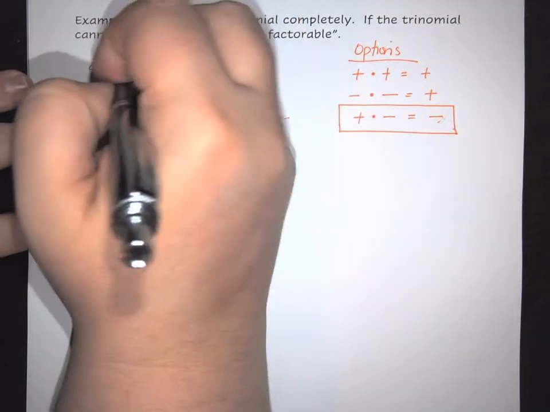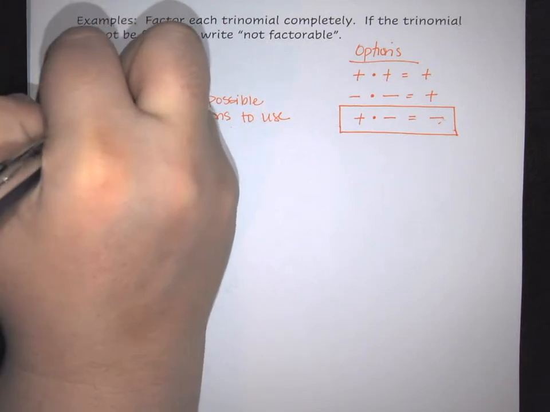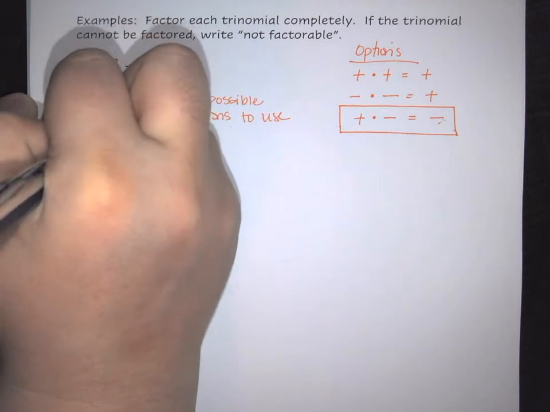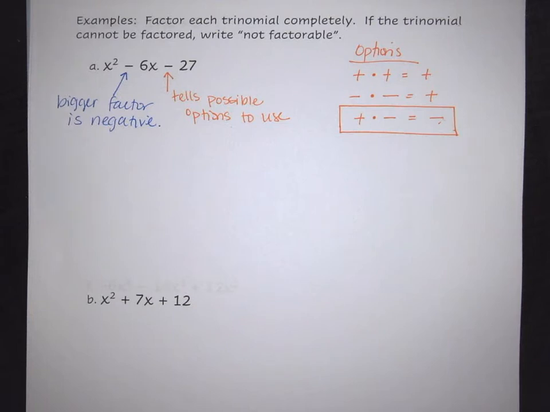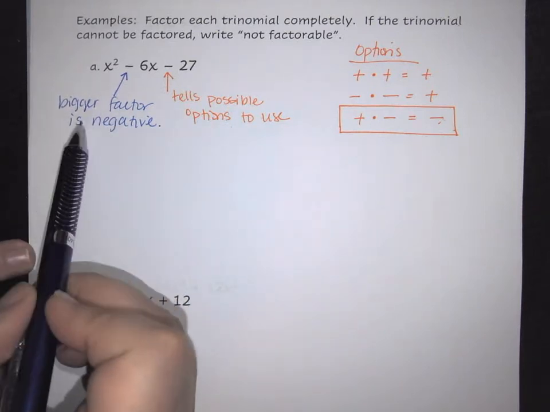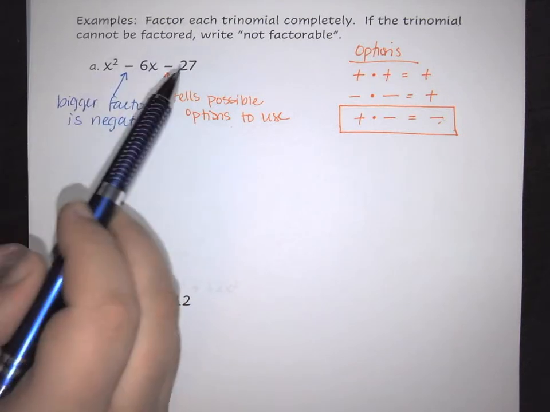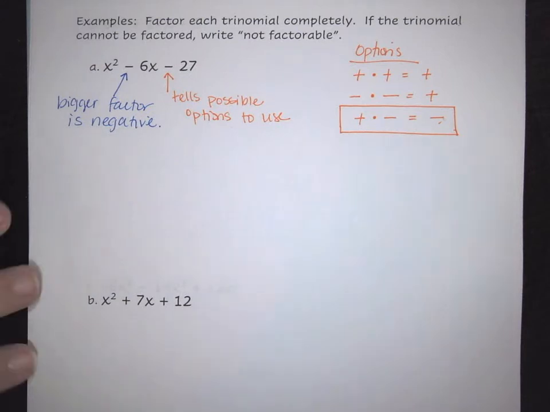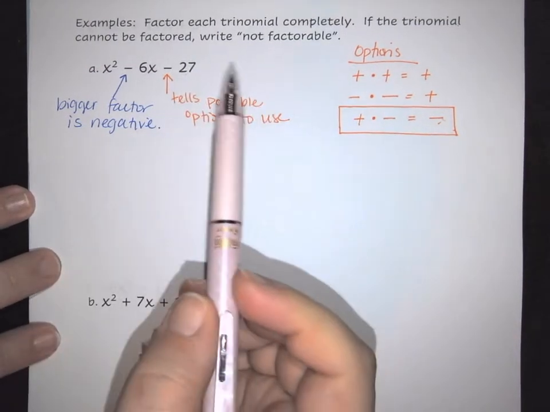Instead, the middle sign, since it's negative, tells me that the bigger factor is negative. The only reason I can skip to this right away is because the back term is negative, which means I have one positive and one negative as my factors. Once I figure all of that out, I have to look at my back term, which is 27.